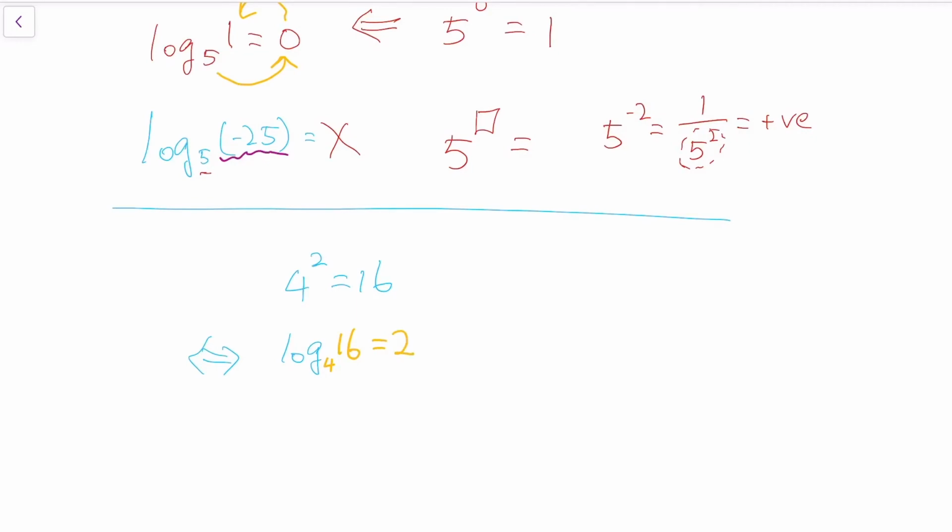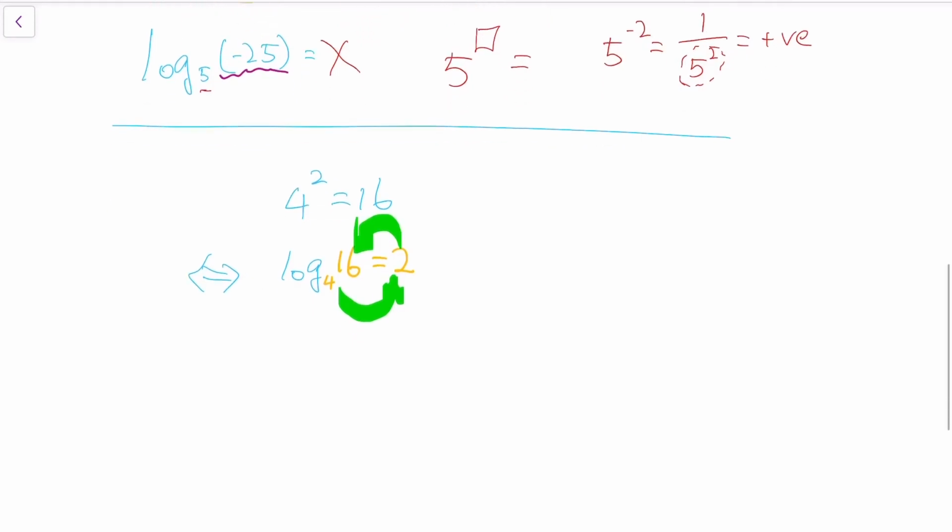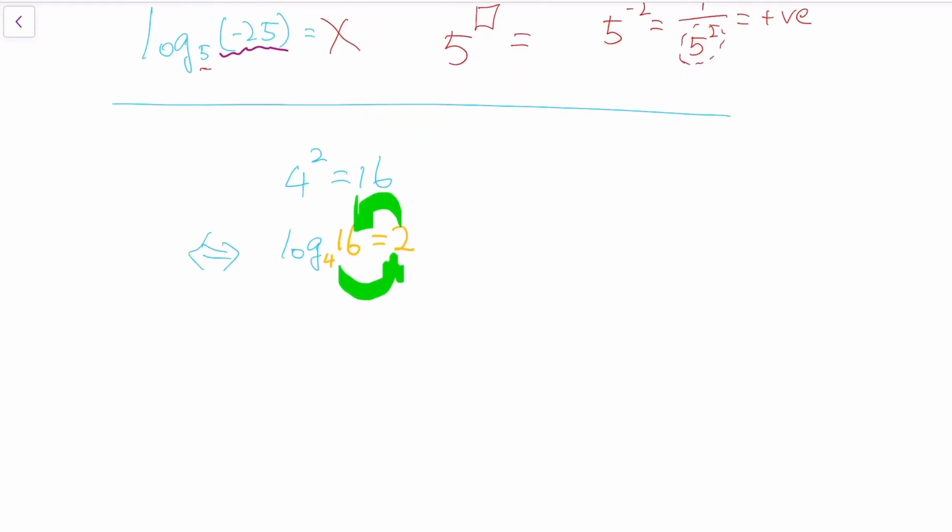Now, if you think about it, it's because 4 to the power of 2 is 16, which follows the definition of log. Let's try one more. Let's say 5 to the power of negative 3 is 1 over 125. Let's write this in log.